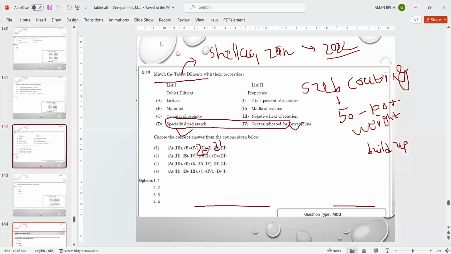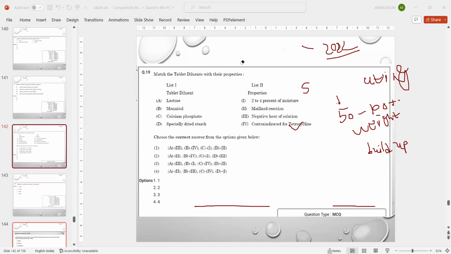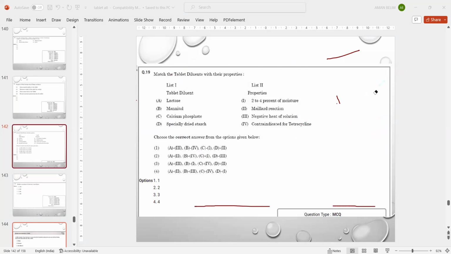Then this is a very important MCQ. What will be the answer of this question? Type your answer in chat box. Okay, fourth.